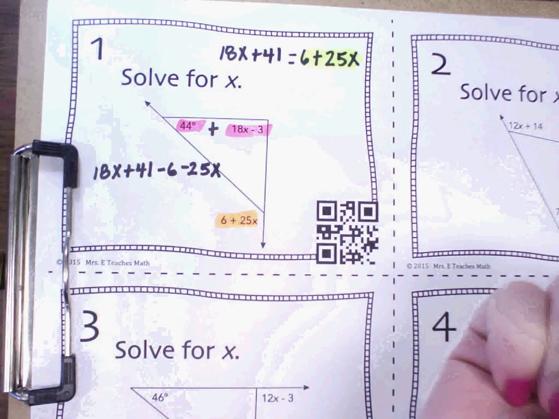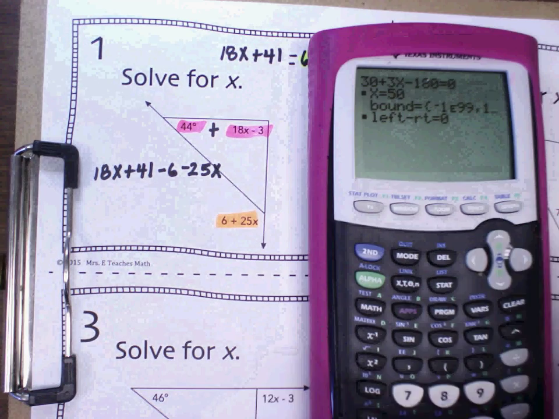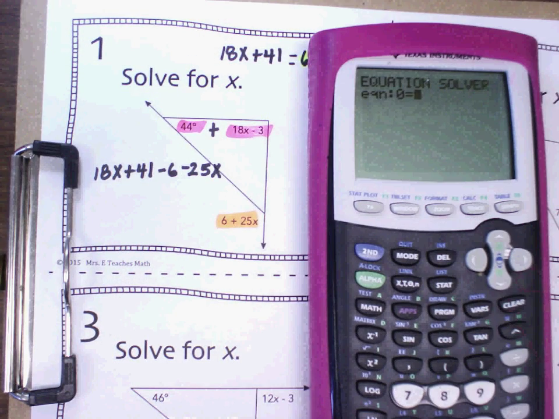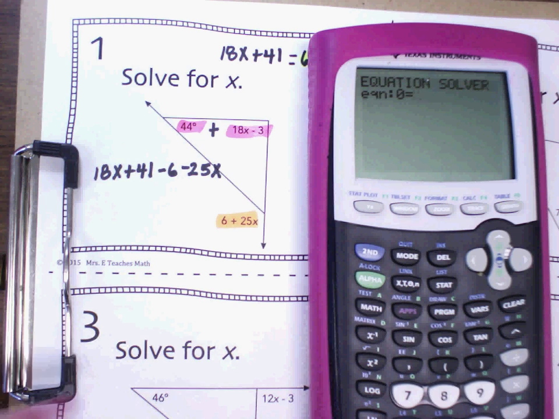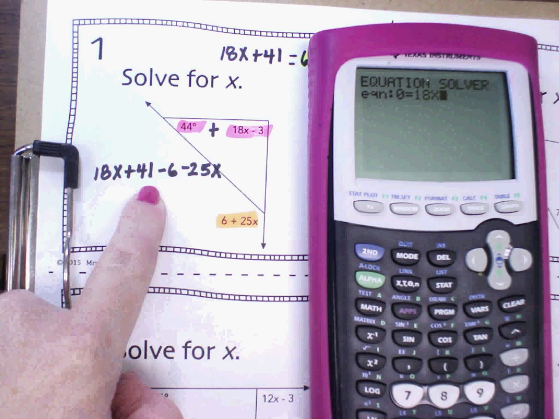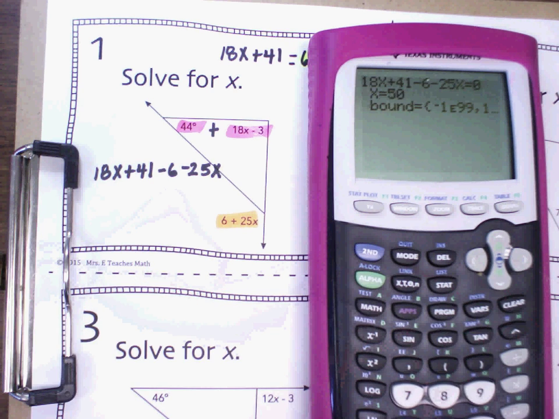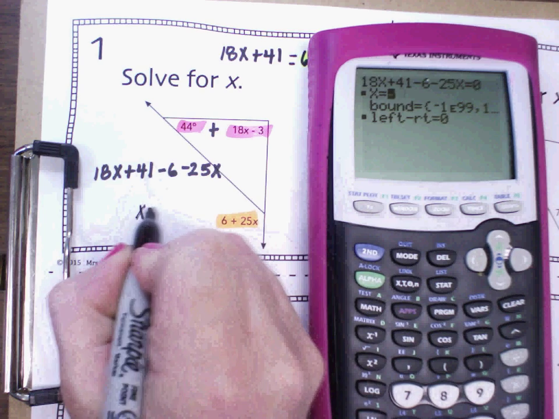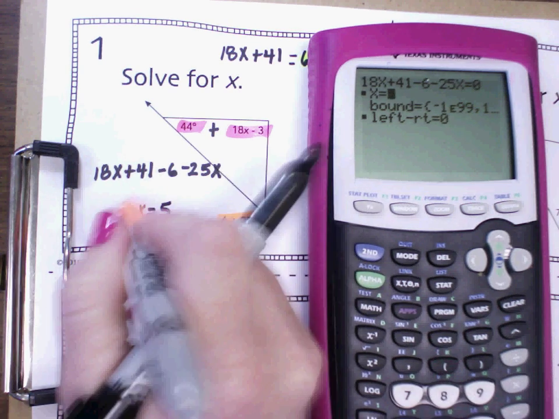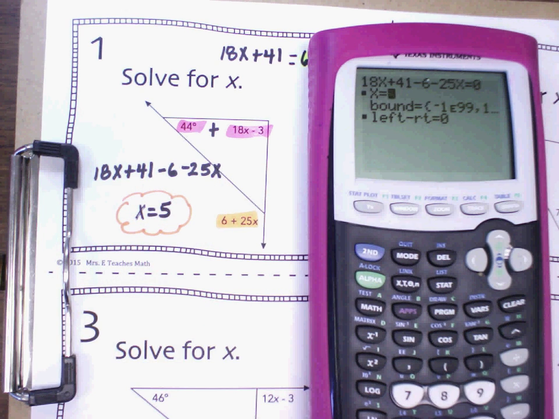So the equation would be 18x plus 41 minus 6 minus 25x. And then calculator takes over, right? All right, so this would be 18x plus 41 minus 6 minus 25x. Enter alpha.